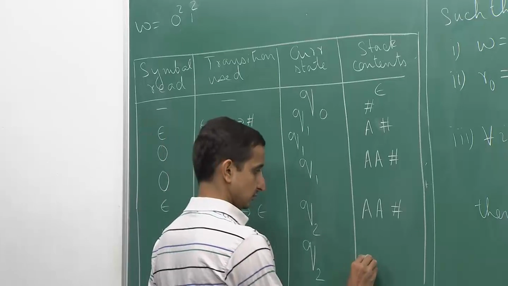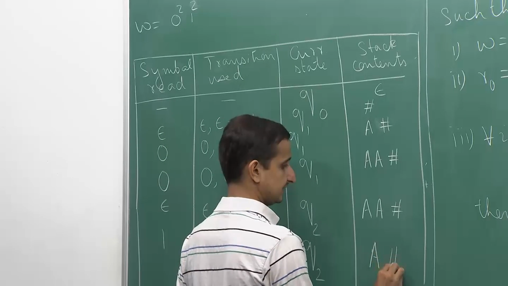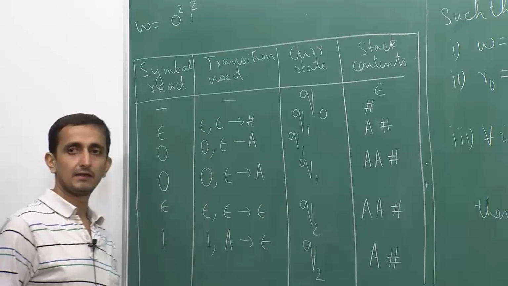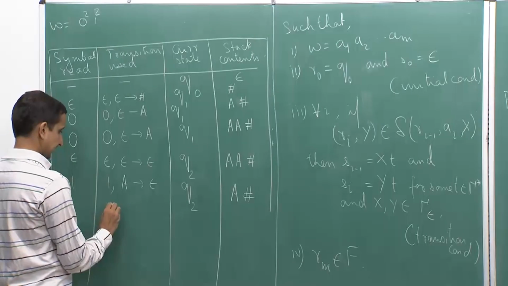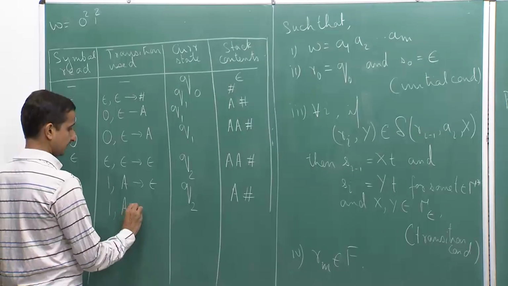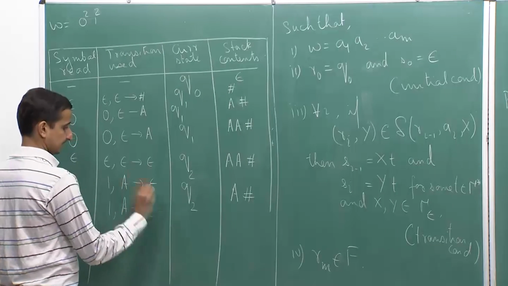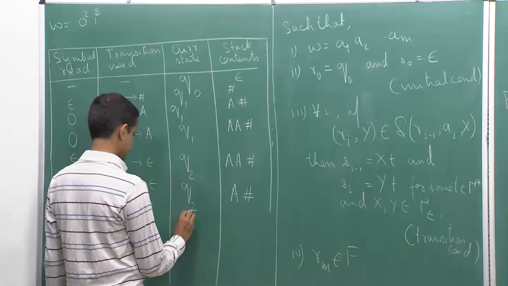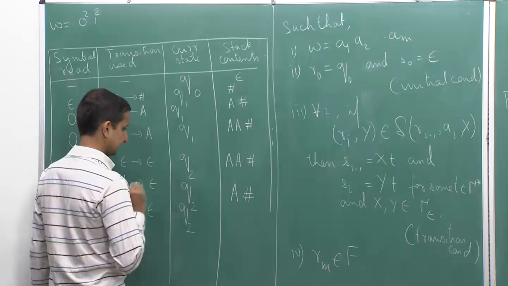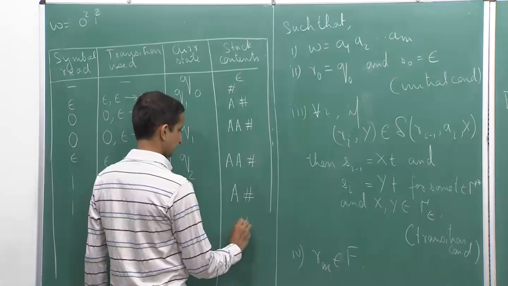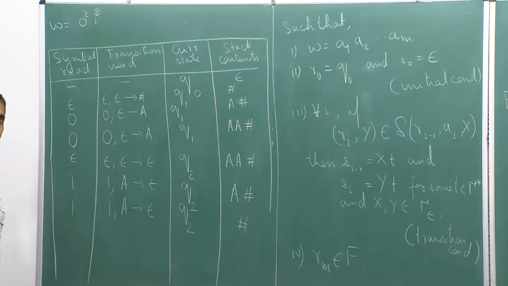The current condition of the stack is A hash. Then it again reads a 1, uses the transition from A to epsilon, and stays at the state Q2. Now, the stack has hash on it.